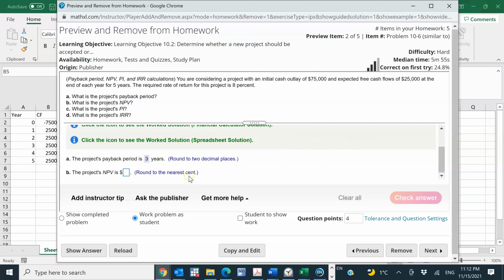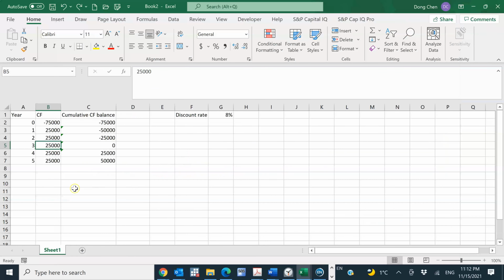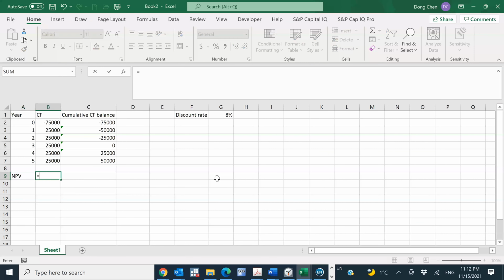Excellent. And the project's NPV is, so to calculate NPV, let me calculate NPV here. I can use the NPV function, but one thing about this function is that it only calculates the present value of all future cash flows, because we know that NPV means net present value.